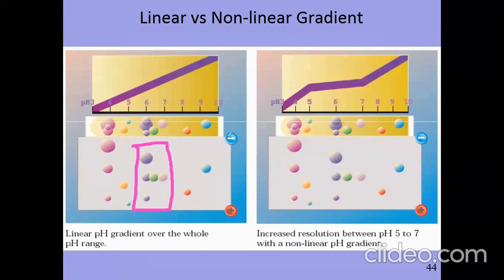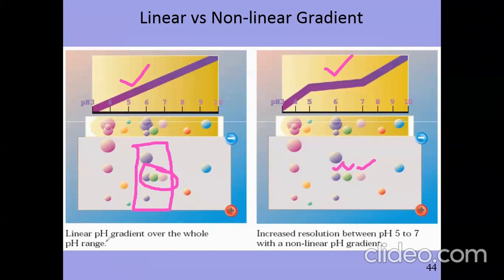Next, this was linear, and this is the non-linear gradient. In the non-linear gradient, the same separation will occur, but the resolution will be better. Here you can see these three molecules are grouped together, but they are resolved here, separate from one another.